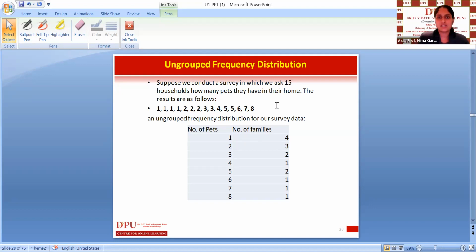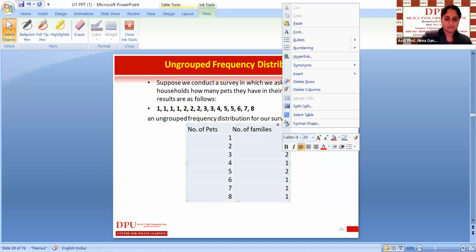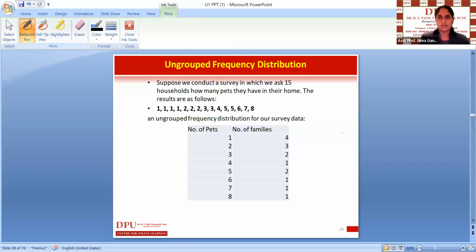So if you have data like this, this is the frequency basically. What type of data is it? Suppose we conduct a survey in which we ask 15 households how many pets they have in their home. So we are finding how many pets are there in the houses, for 15 houses, so you have 15 observations.